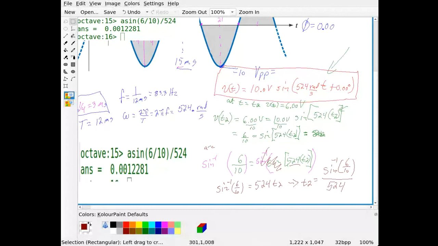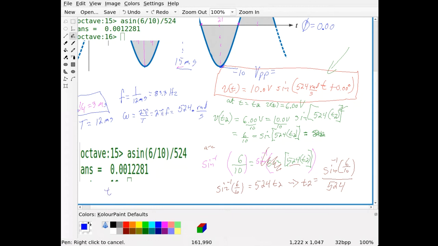Okay, so when I punched it into Octave, I used the asin. asin stands for arc sine, or sine inverse. 6 divided by 10, divided by radians per second, and that gave me the T2. Waiting for the software again.